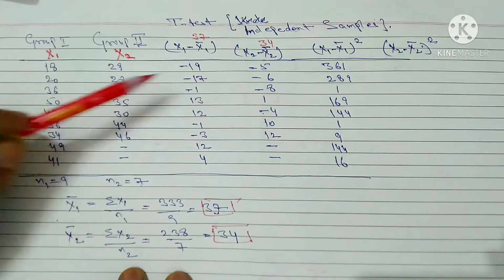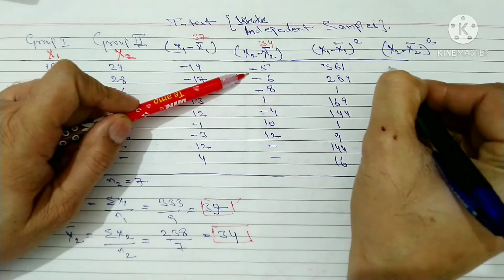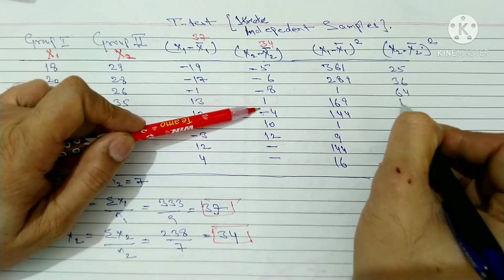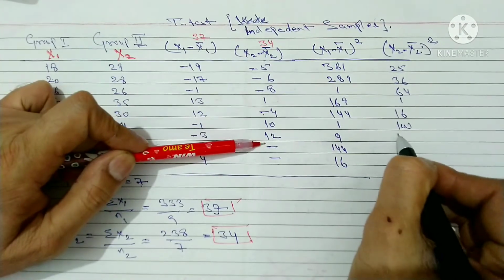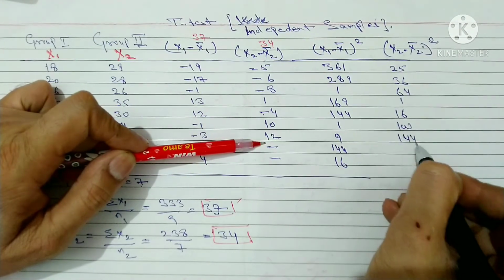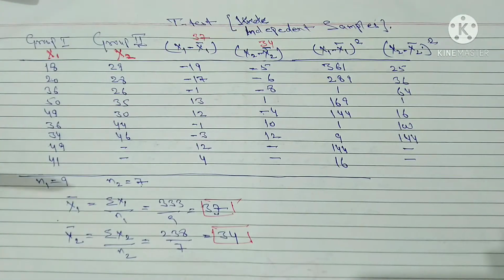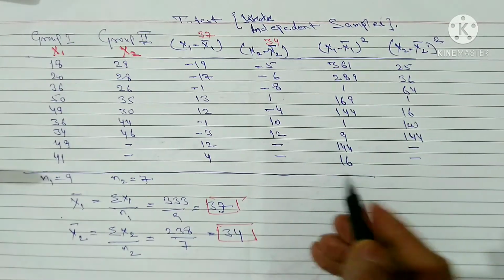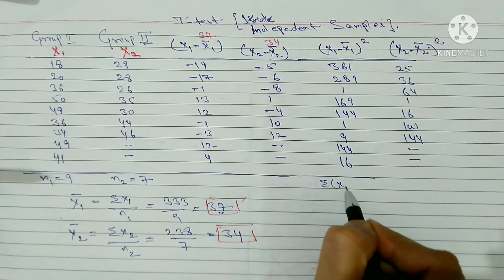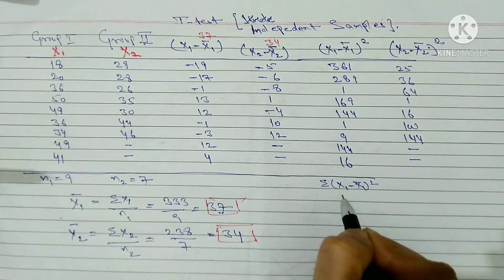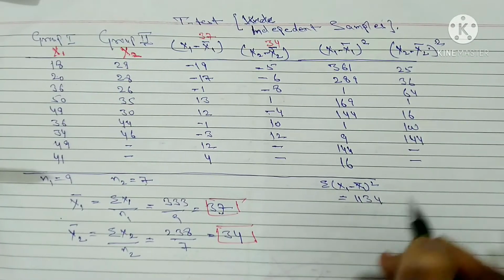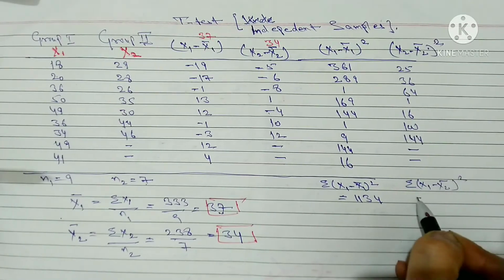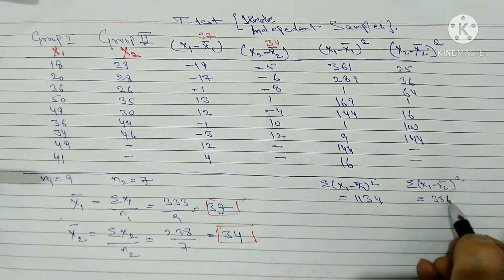Again square of this column: 5 square 25, 36, 64, 1, 16, 100, 12 square is 144. So calculate summation. Summation of x1 minus x1 dash square is 1134, and summation of the other is 386.